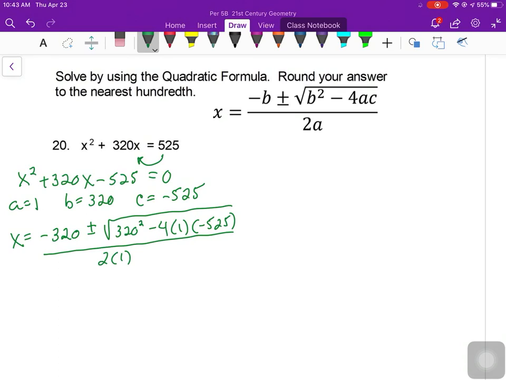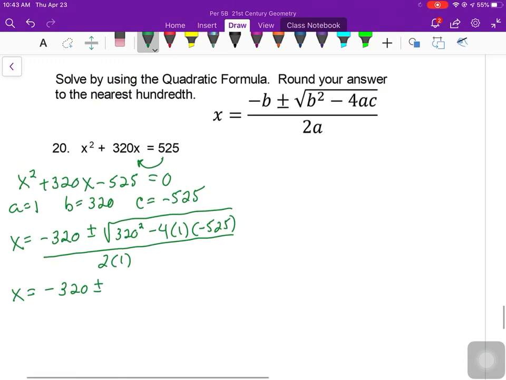Notice the division bar goes all the way under the negative b as well. Underneath that square root sign, in the radicand, we end up with 104,500.